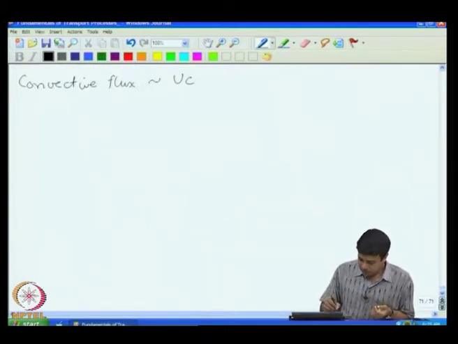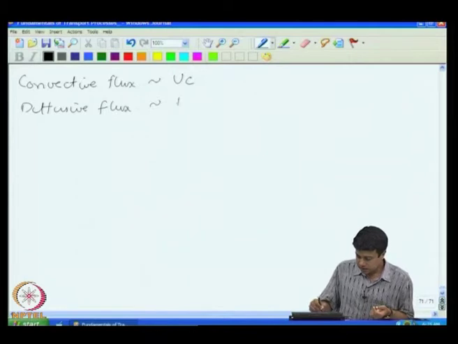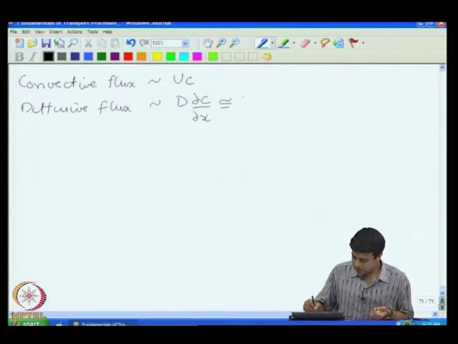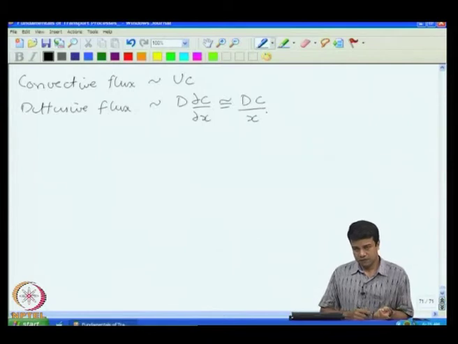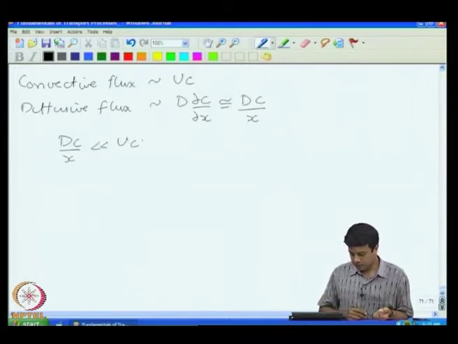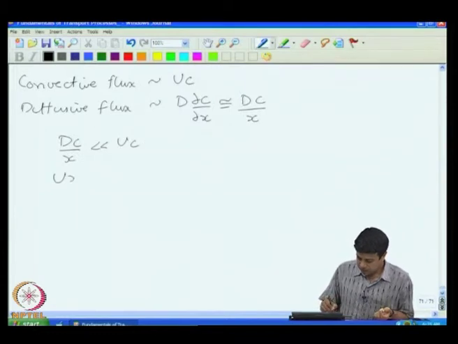Diffusive flux goes as d times partial c by partial x, which is approximately equal to d c by x. So, the diffusive flux can be neglected only when d c by x is small compared to u times c, or u x by d is large compared to 1.